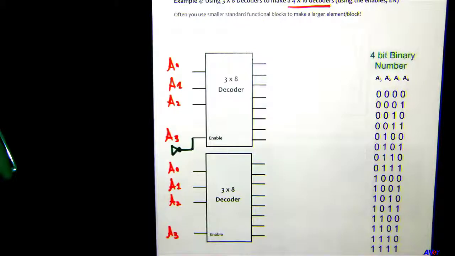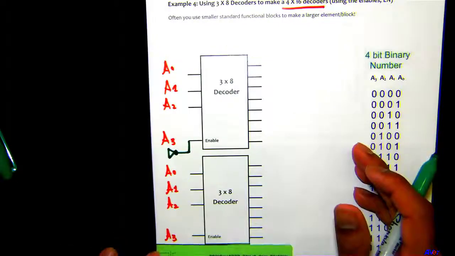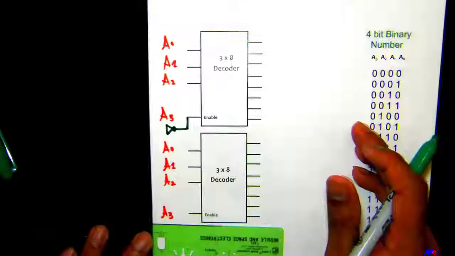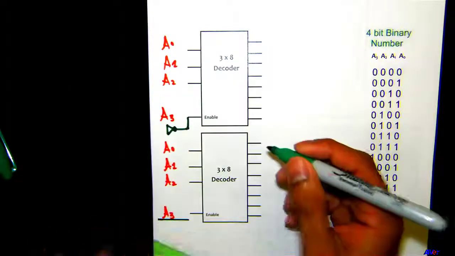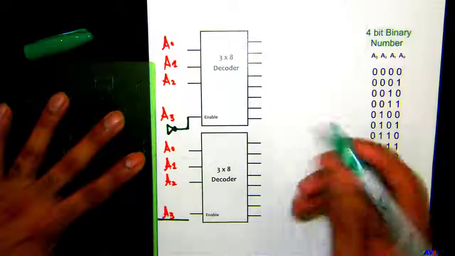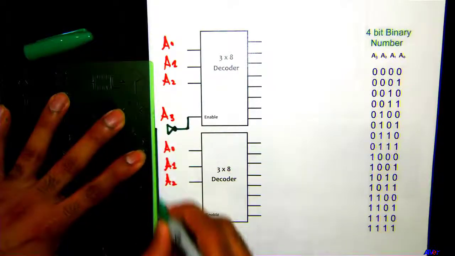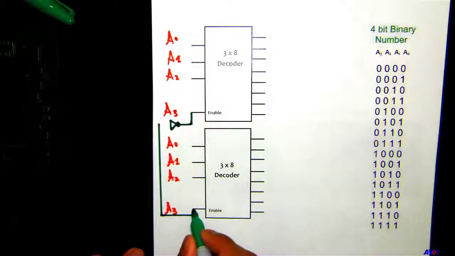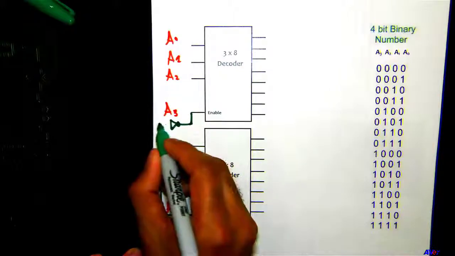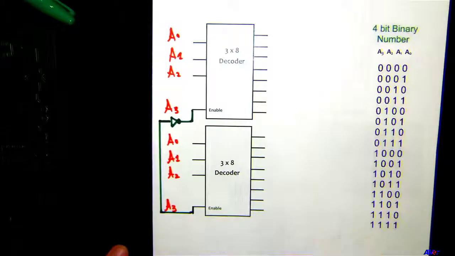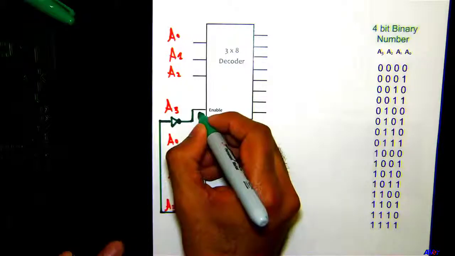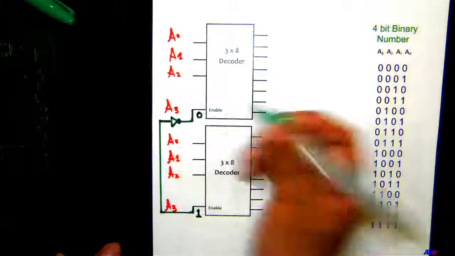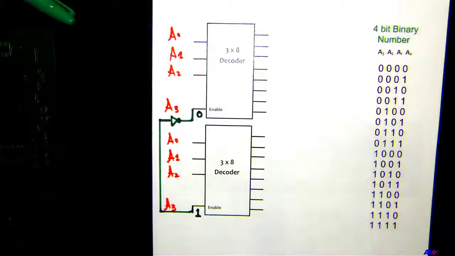And what is the input going into the enable? It's actually this enable right here. So which means what? If this enable is 1, this enable is what? 0. They are always going to be complements of each other, right?